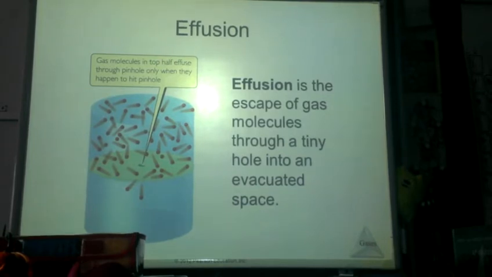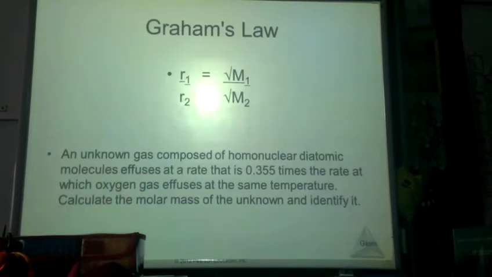So we said before that lighter gases are going to be able to effuse at a faster rate than more massive gases. So in 1846, Graham discovers that the effusion rate is inversely proportional to the square root of molar mass. Remember we said that there was a typo in our formula.